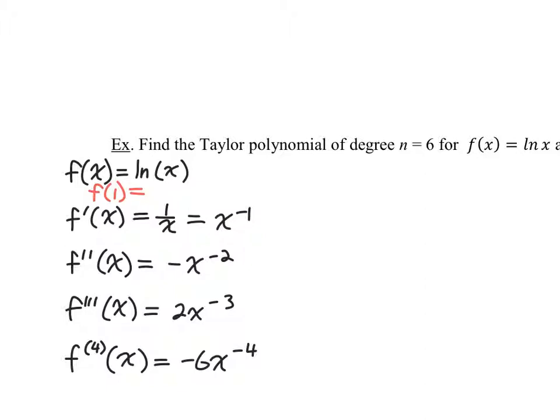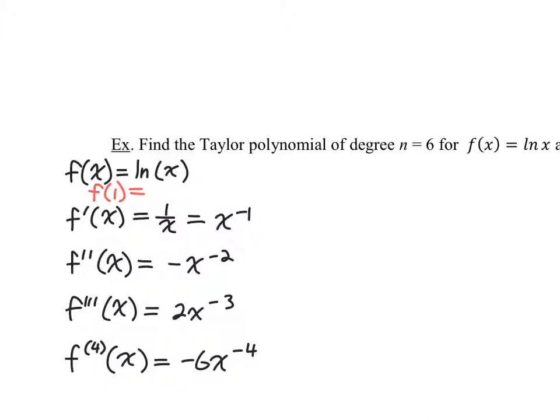I'll just ask you, what's the natural log of 0? Undefined, yeah. So you've got a problem. Actually, you would have a problem for every one of these. So going with the Maclaurin polynomial centered around 0 would be problematic in this case.